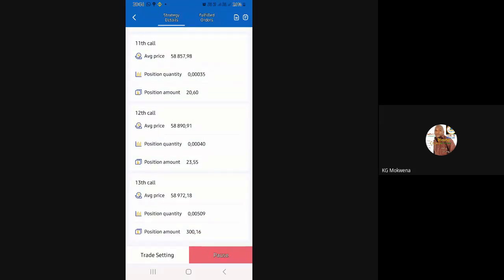That's what we're interested in, business partners. You can see that position number 13 entered at the price of $58,972.18 with $300. The quantity that it bought is 0.00509. So we are happy.